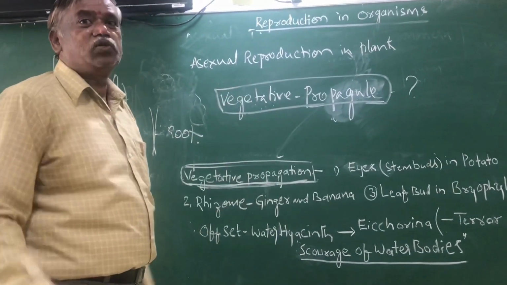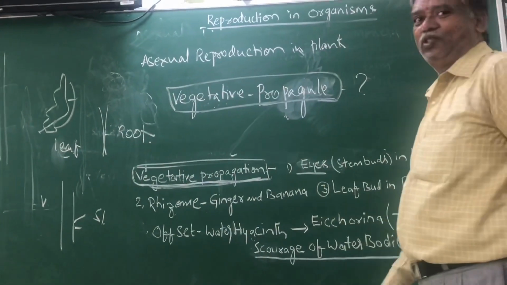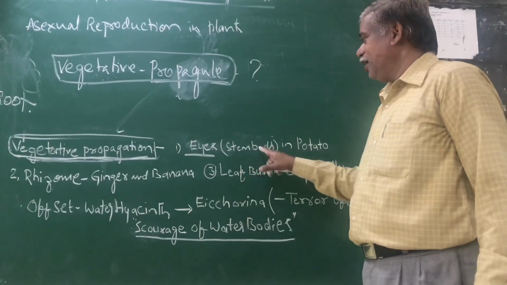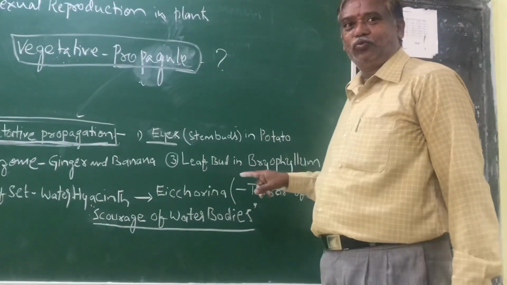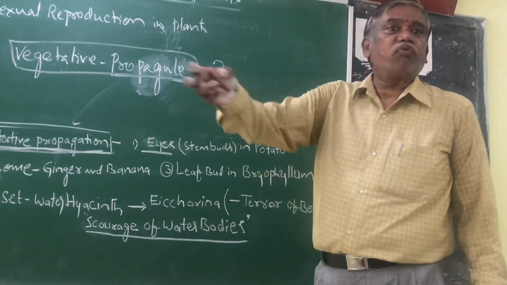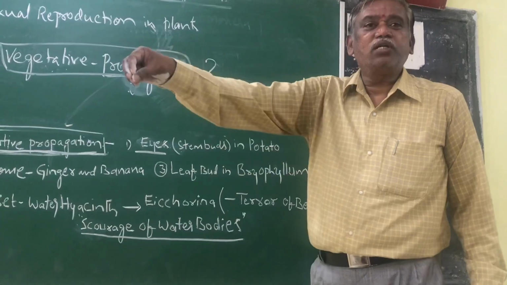Now, according to CET, eyes are the vegetative propagules in potato. When you bring the potato from the market, it is kept in the kitchen.